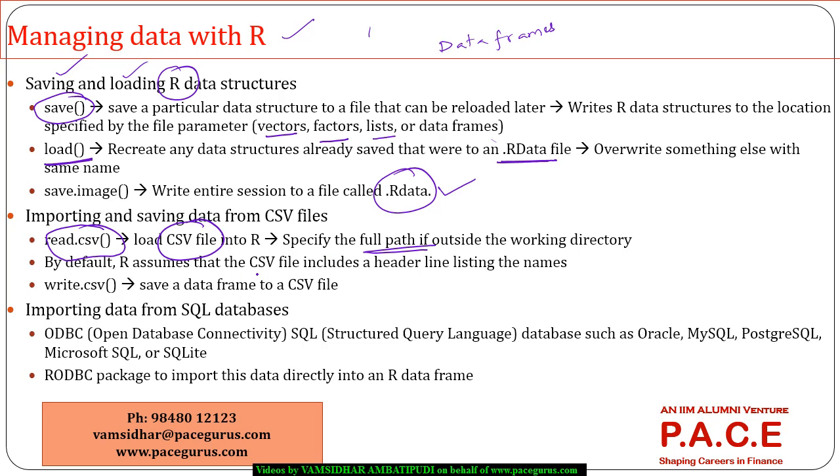By default, R assumes that the CSV file has a header. If I have to write something to a CSV file, I can use write.csv. These things will help us with input and output operations from external data sources into R.